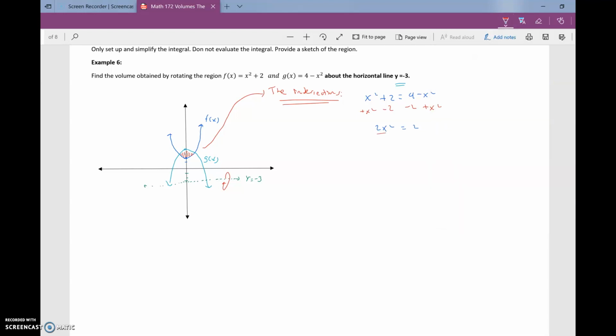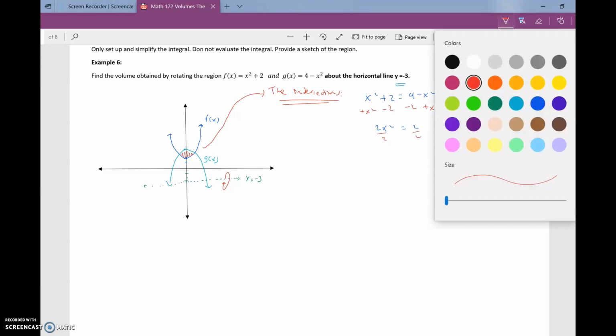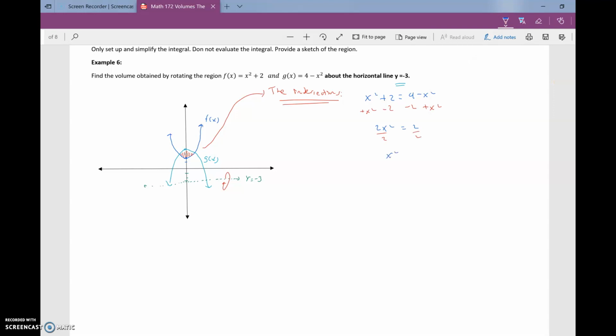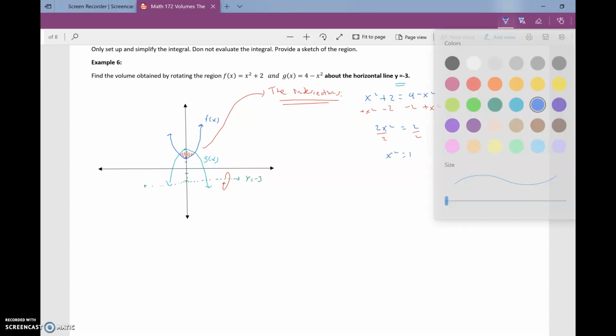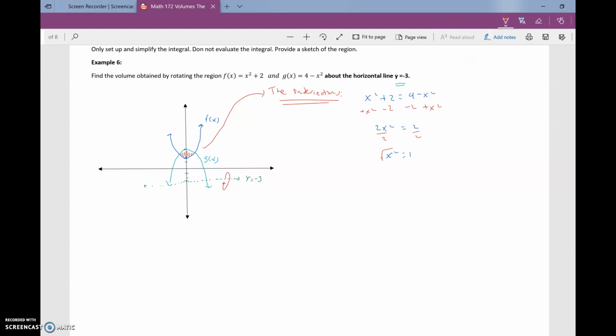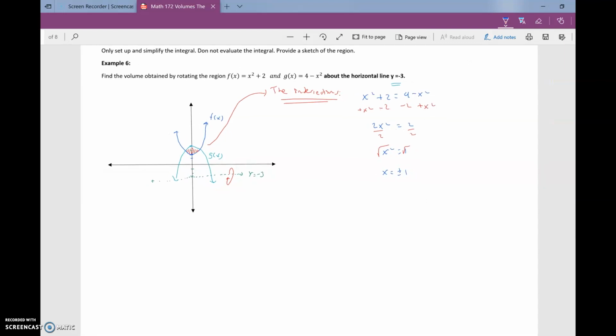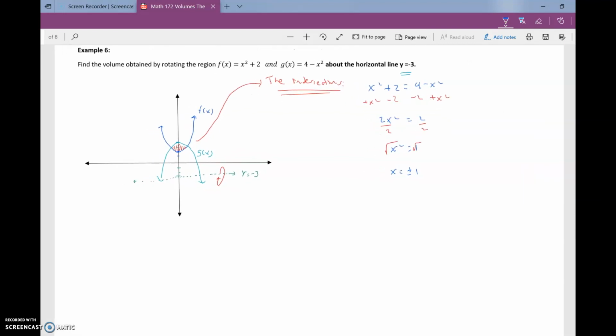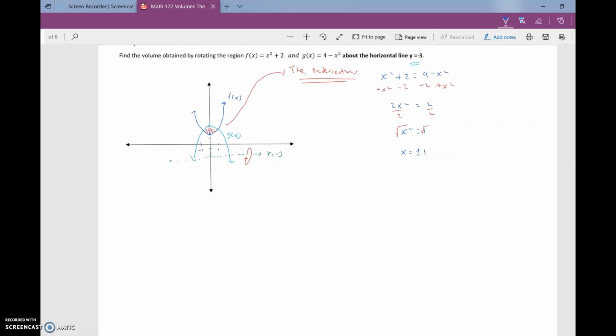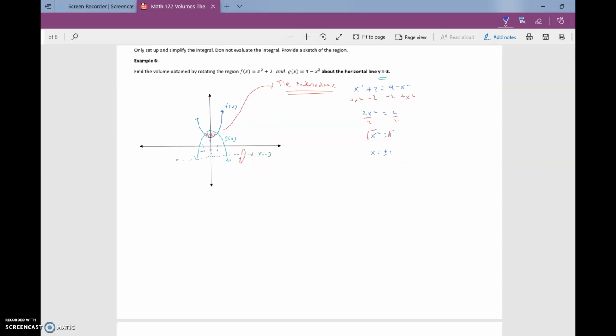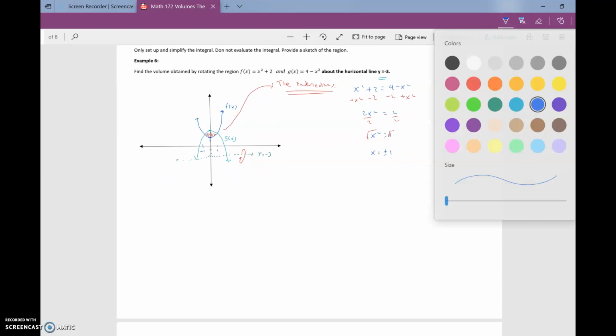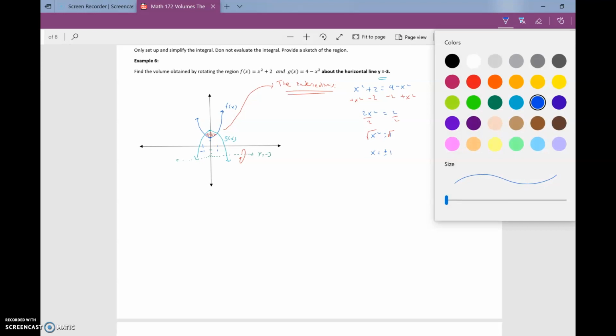And then here we can divide by 2 and end up with x squared is equal to 1. After the square root, we will end up with x is equal to plus or minus 1. Okay, so we have the bounds of integration. This is going to be technically -1, and that would be 1. Which you can actually eyeball, but it's better to just check, because what if it was like a square root of 2 or something else?